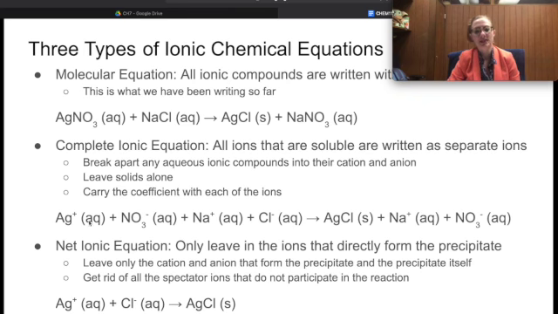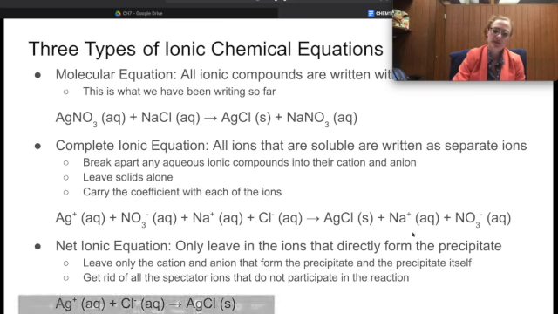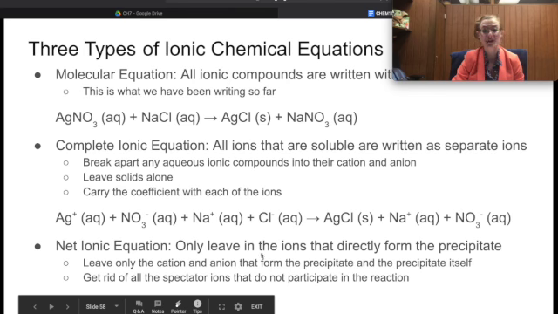So we see that nitrate doesn't actually do anything. It hangs out as nitrate itself. Same thing on both sides. Get rid of it. Sodium, same thing. It's the same thing on both sides. It didn't really actually participate in any sort of reaction. However, our silver and our chlorine came together to make silver chloride.